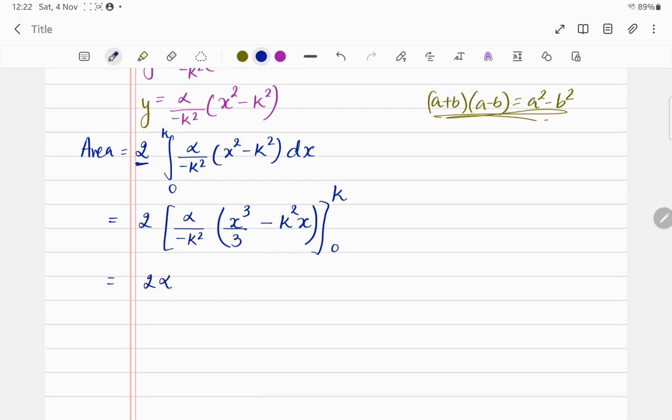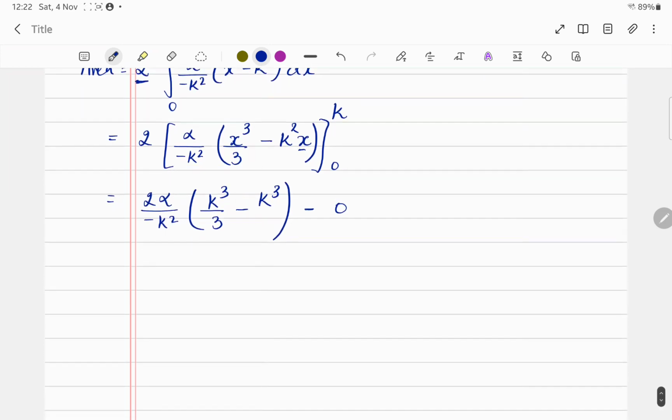Let's bring all the constants out. When I substitute k, it becomes k cubed over 3 minus k cubed, and when I substitute 0, it's 0.